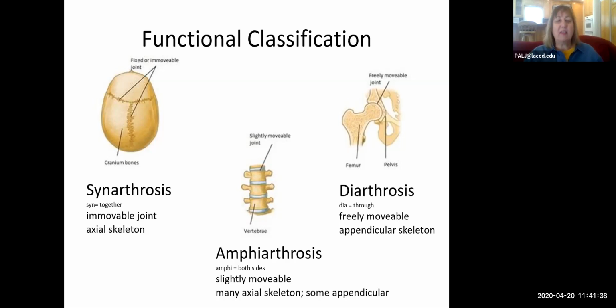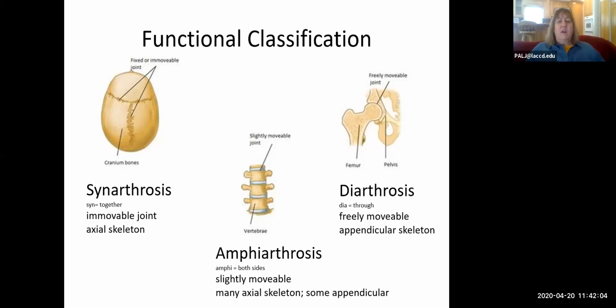So when we look at these three types of classes, these synarthrotic joints are all just in the axial skeleton. The diarthrotic joints are all in the appendicular skeleton. And the amphiarthrotic ones you have to stop and think about, because many of them are in the axial skeleton, but some of them are in the appendicular skeleton.